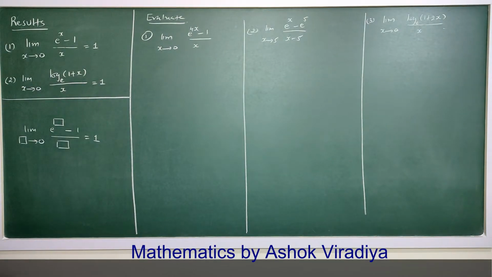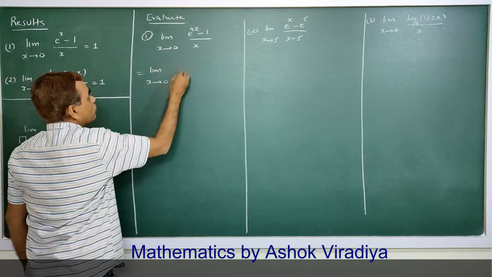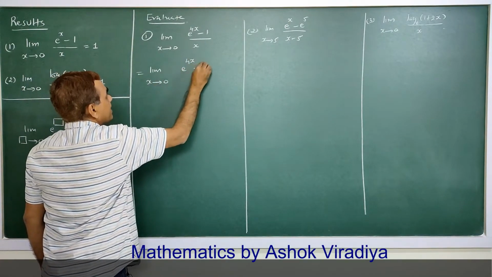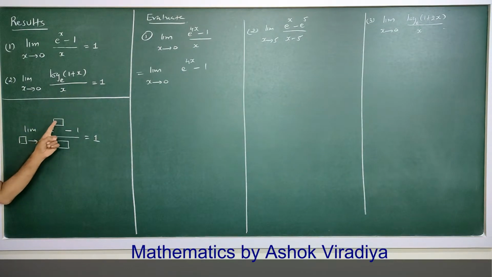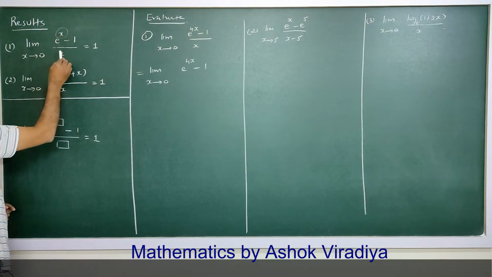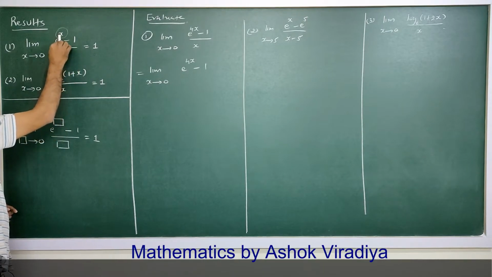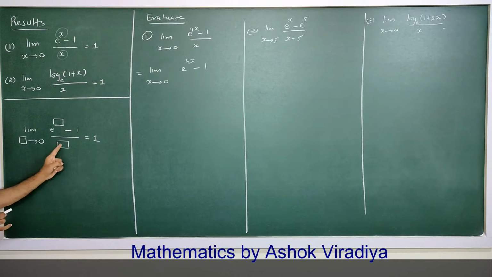Now look here: limit x tends to 0, e raised to 4x minus 1. In this function you can see there is 4x. According to the rule, whatever is here, the same number must be here, ditto.